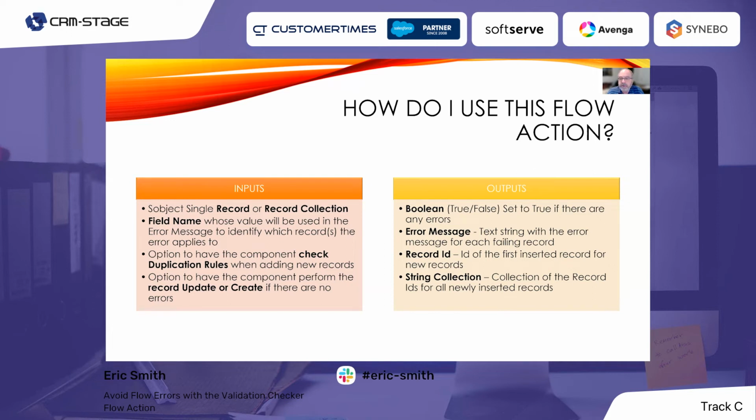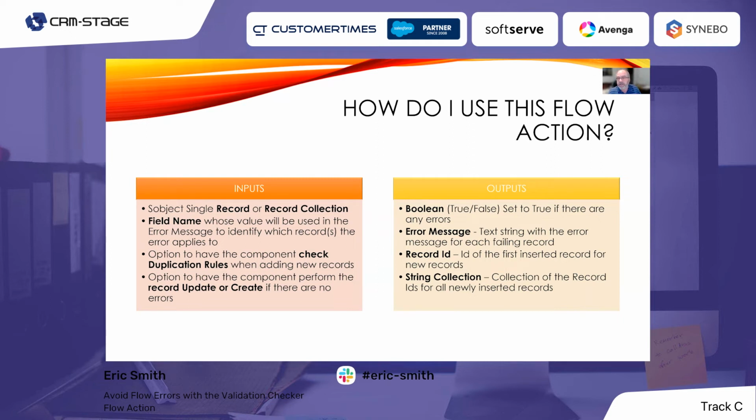The reason for the field name is that if it's coming back and saying you have particular errors, I use the field that you specify here as part of that error message. So you know, or can let the user know, which record actually caused the error. So we can make that identification by picking a field out of that record to use as part of the error message.